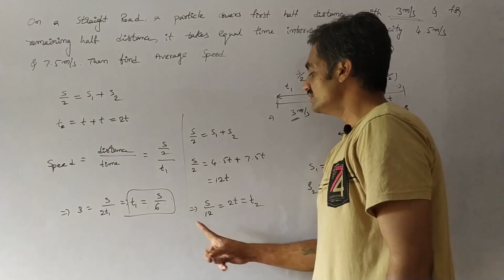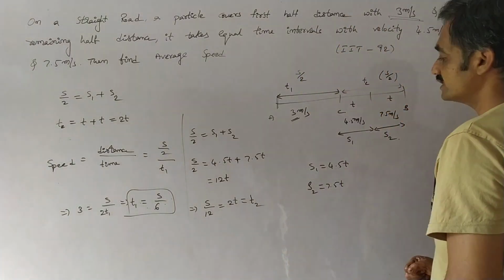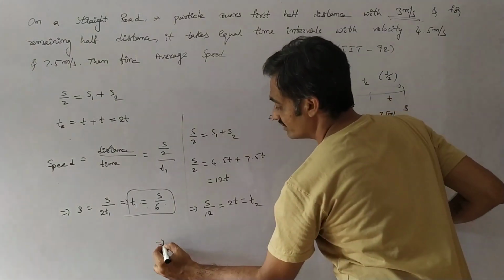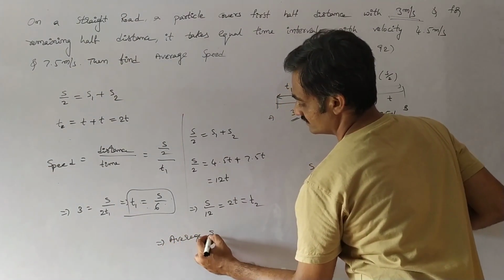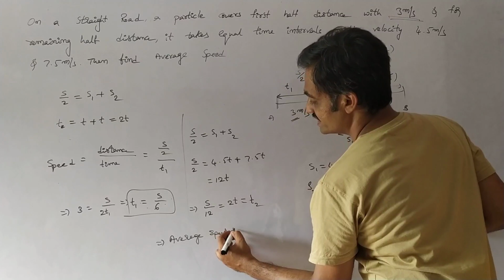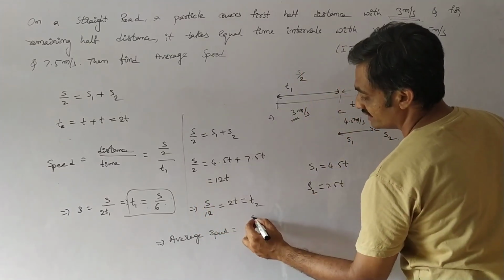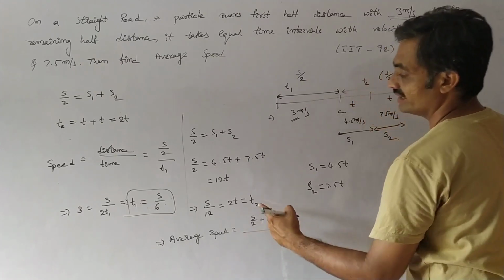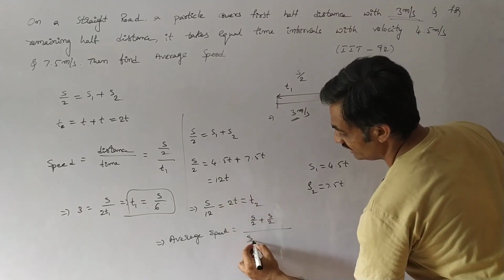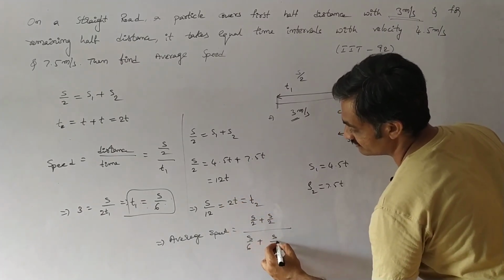Now let us substitute these values into the average speed. Average speed equals total distance, S by 2 plus S by 2, divided by time, t1 plus t2, which is S by 6 plus S by 12.